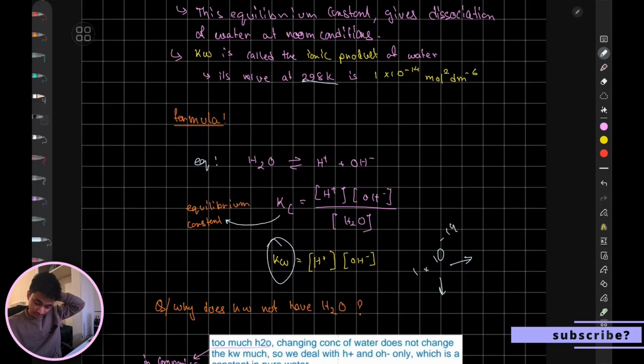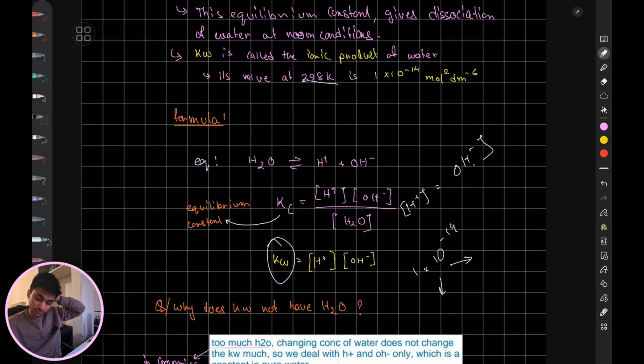Because H plus concentration and OH minus concentration is exactly equal. So whatever the concentration of this is also equal to the concentration of this. So the product of these two is giving you a value of 1 into 10 to the power of minus 14.